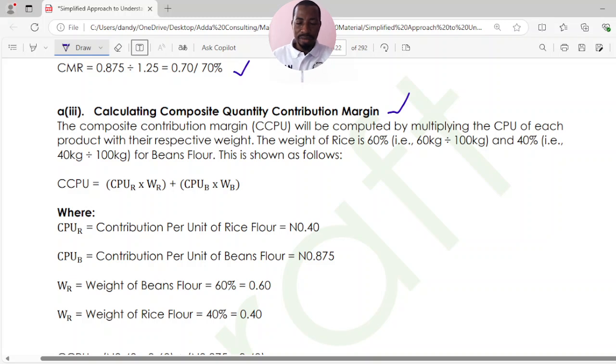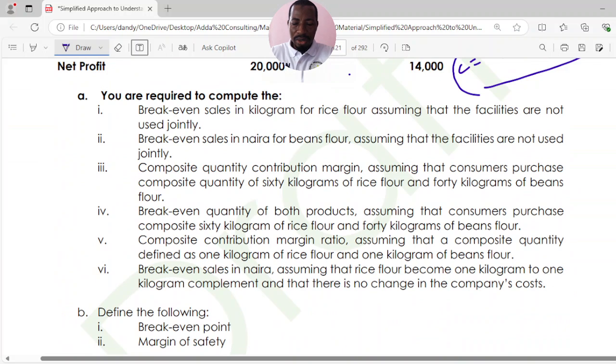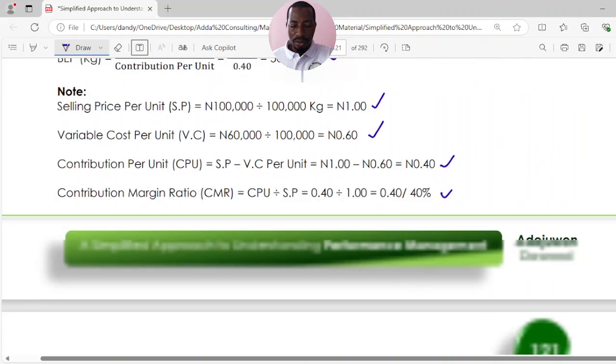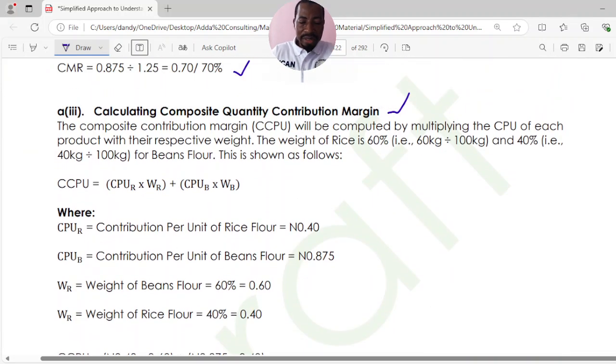So in this case, because the examiner wants us to compute composite contribution margin, not contribution margin ratio, in the number 3, let's go back. Calculate composite contribution margin, not contribution margin ratio. So in this case, what am I supposed to do? I need to calculate contribution margin of each product. I will multiply with the weight of the first product.